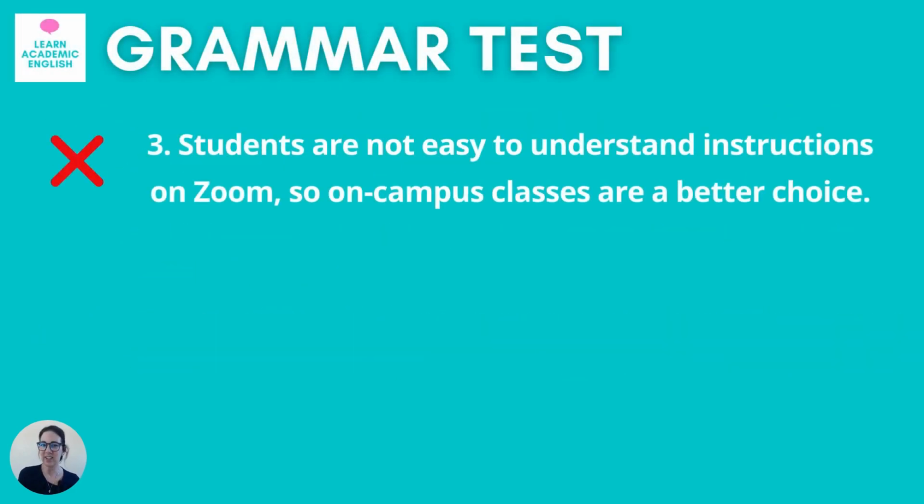Students are not easy to understand instructions on Zoom, so on-campus classes are a better choice. This is actually a very common mistake among English learners from some countries. I think it depends on their first language, so we would call that first language interference.